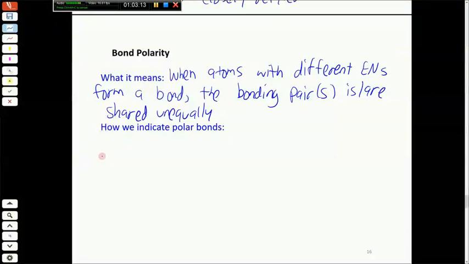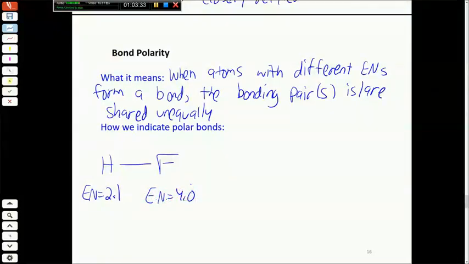So if we have hydrogen and fluorine bonded to each other, very simple molecule, but now with two different elements involved, the electronegativity for hydrogen is 2.1. We don't want to memorize these values, obviously. But as I told you, fluorine is the most electronegative, 4.0. So there's an imbalance of charge, and we indicate that in a couple different ways.